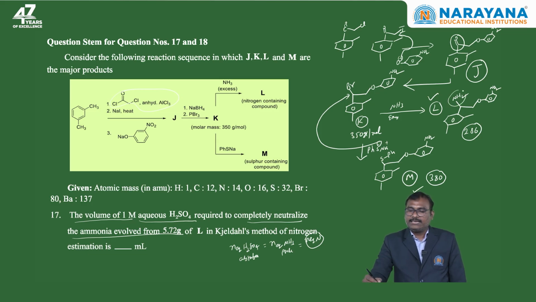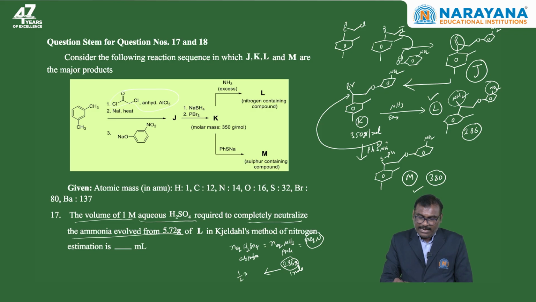Here in the compound there are 2 nitrogens. So 2 ammonia, requiring just 1 H2SO4. That means 2 moles of ammonia, which come from 286 gram, or 1 mole of the compound, requires just half mole of H2SO4.